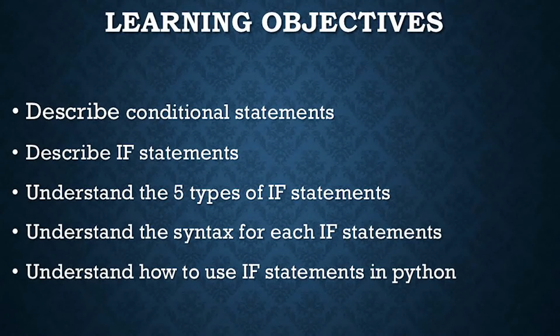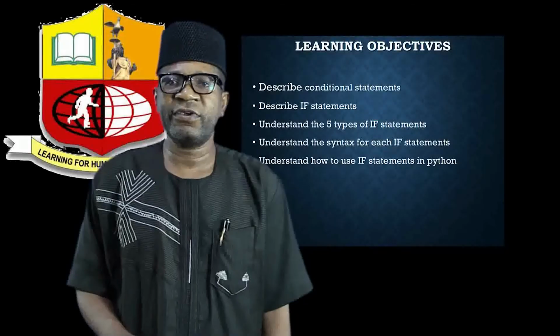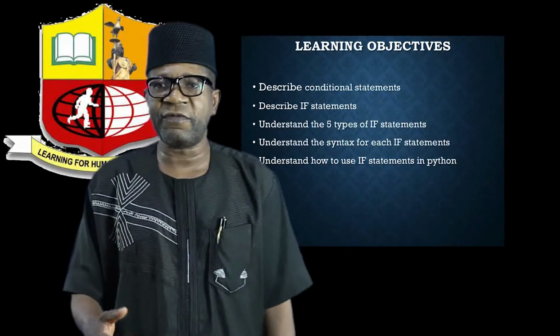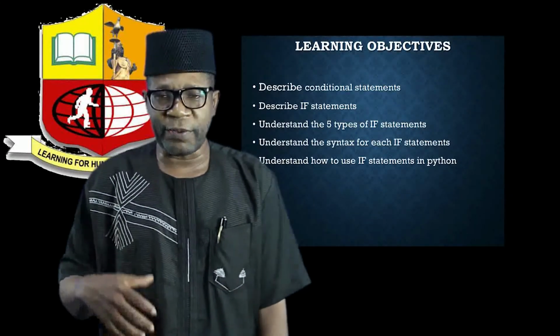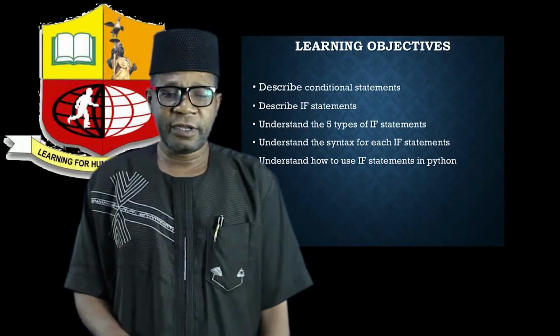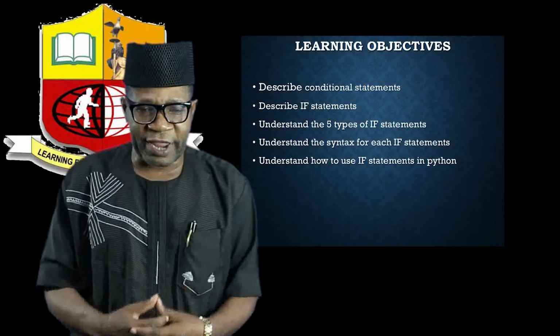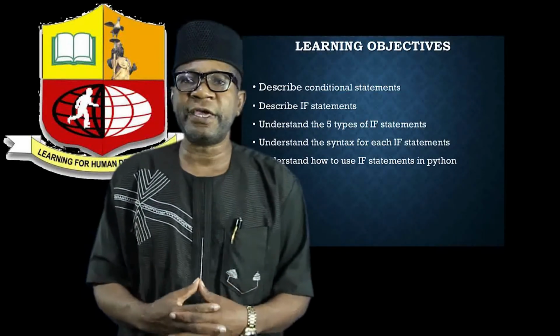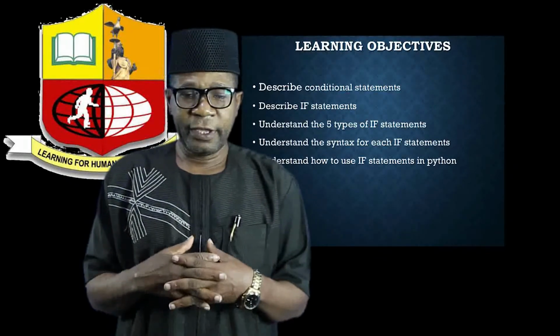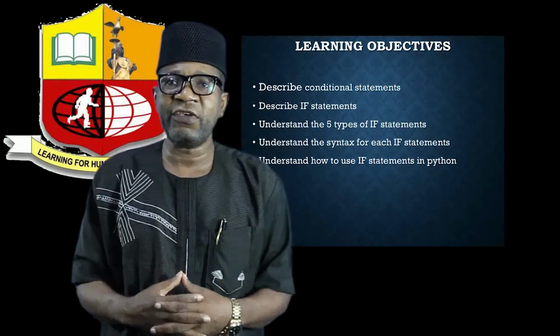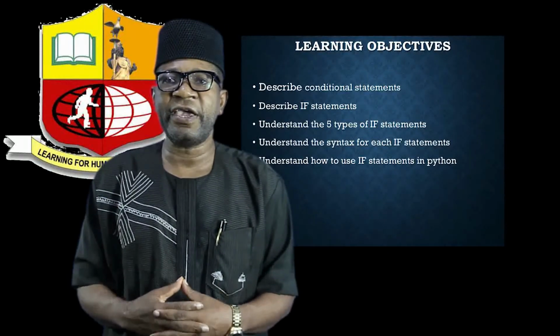Number 3 is you will be able to explain the 5 types of if statements. So you will understand the 5 types of if statements and you'll be able to explain them. The 4th learning objective is you'll be able to understand and explain the syntax for each of these 5 if statements.